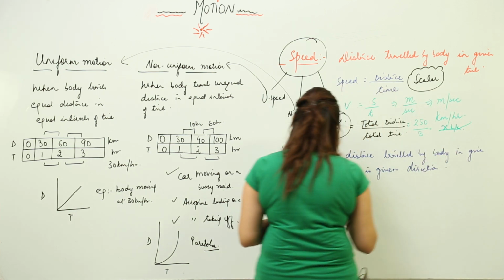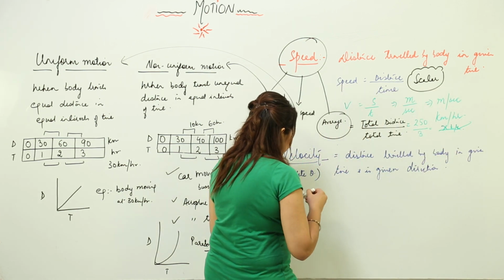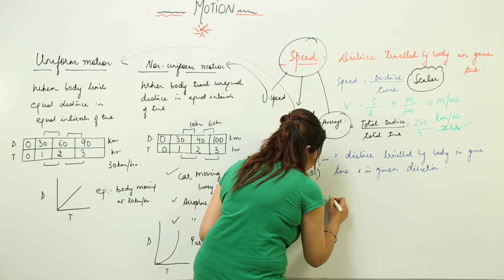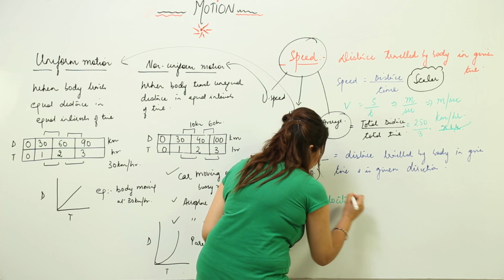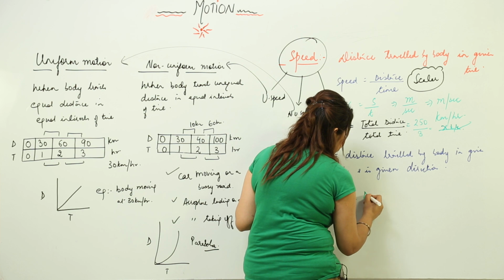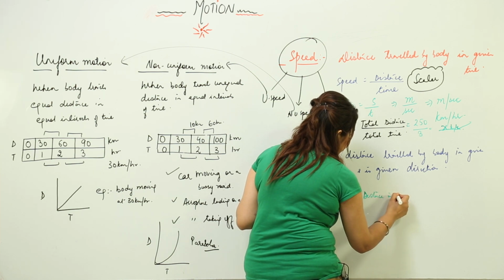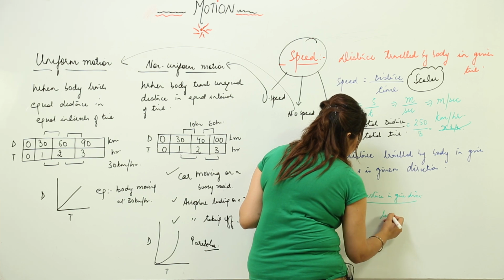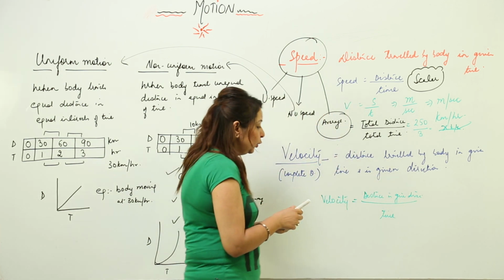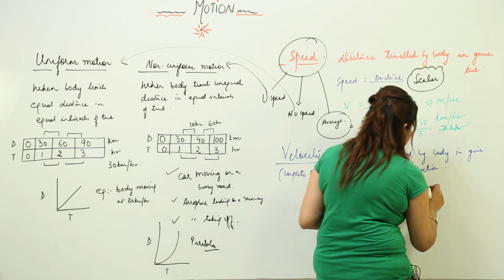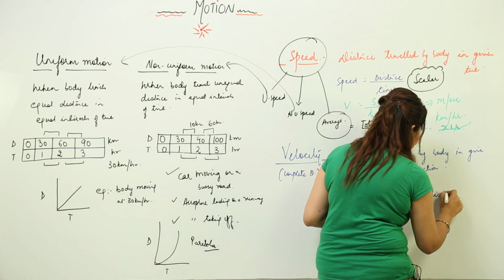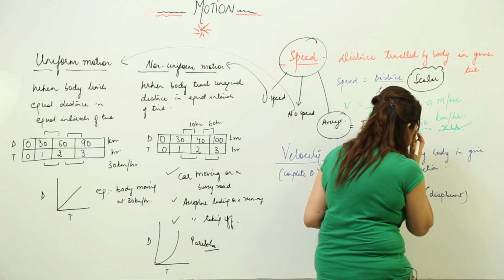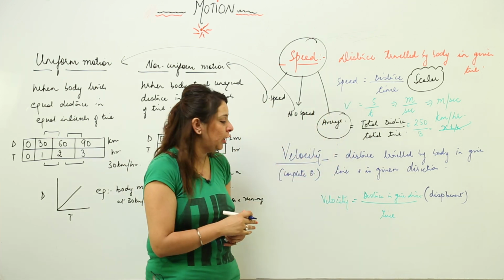If we write a formula for it, velocity equals distance in a given direction with respect to time. And you know that distance in a given direction is given a special name, the displacement. So we can also write velocity is displacement upon time.